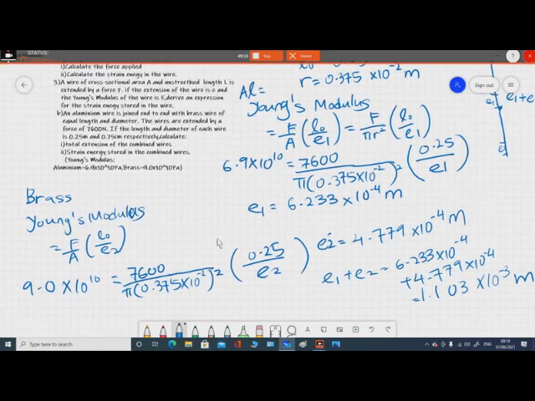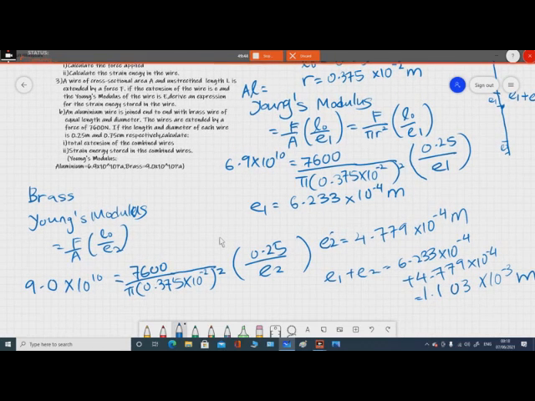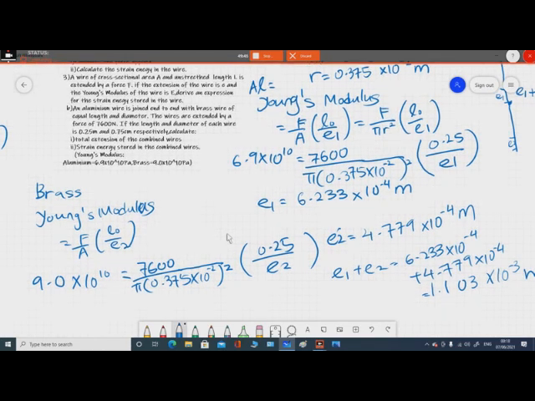My E2 is slightly different here. So the final answer for the total extension is actually 1.101. Let me recalculate again.